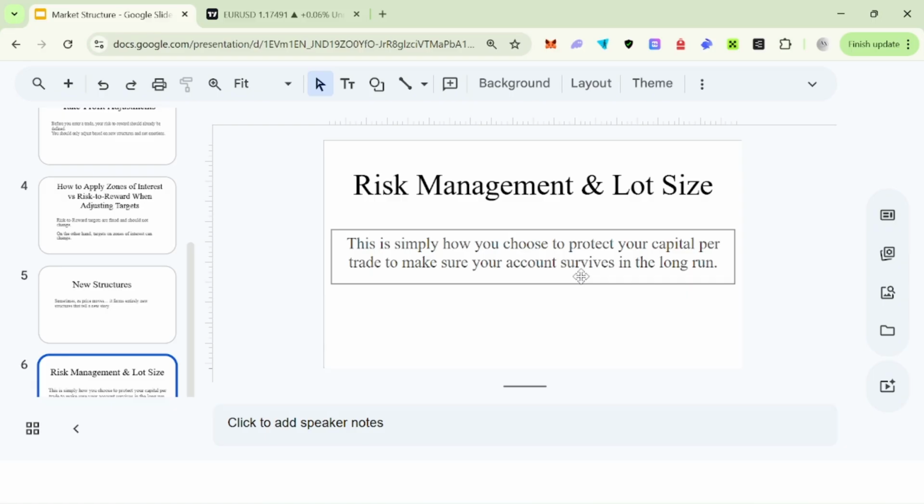So when you use a fixed lot size, by the time you have a loss of 60 pips, you are going to lose, let's say, $60, because you are using a fixed lot size. By the time you lose a trade with 20 pips, you are also going to lose $20.